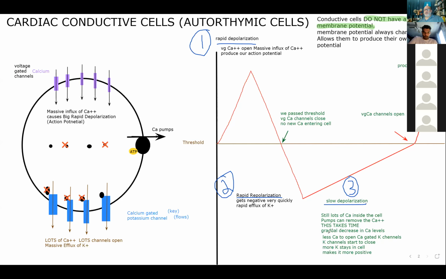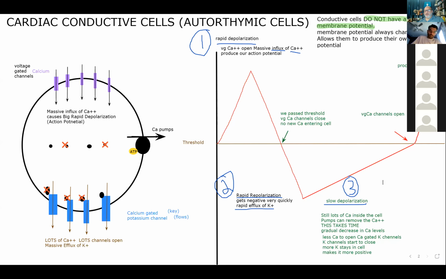And all of these 3 phases are driven by something different. Rapid depolarization is the amount of calcium coming into the cell. Rapid repolarization is by the massive amount of potassium that is exiting the cell.